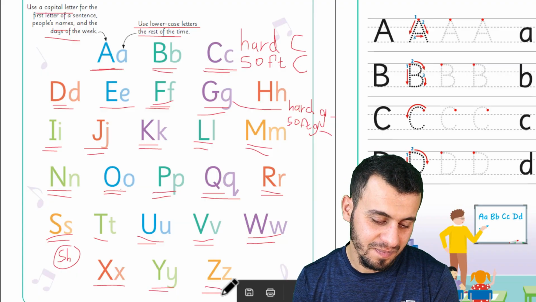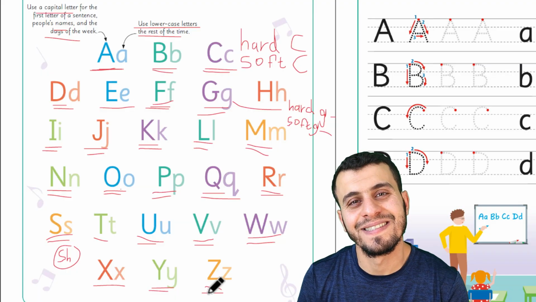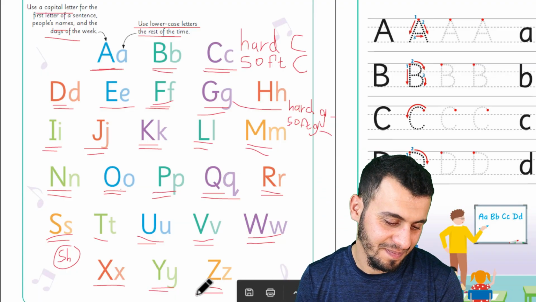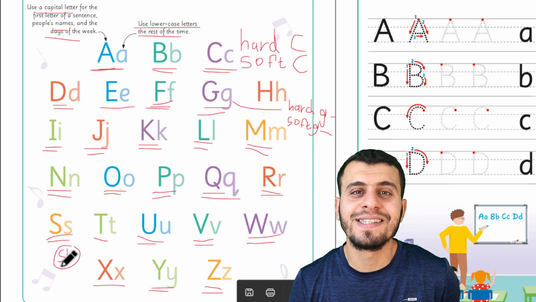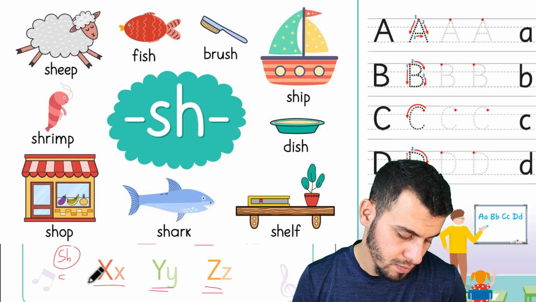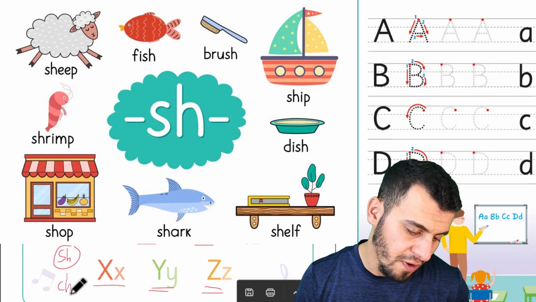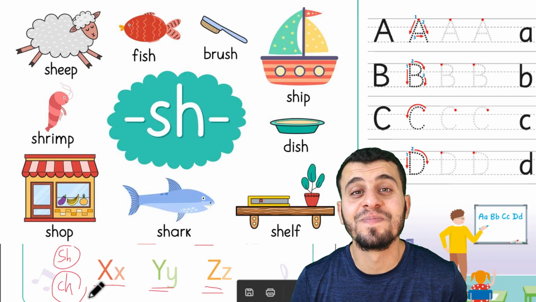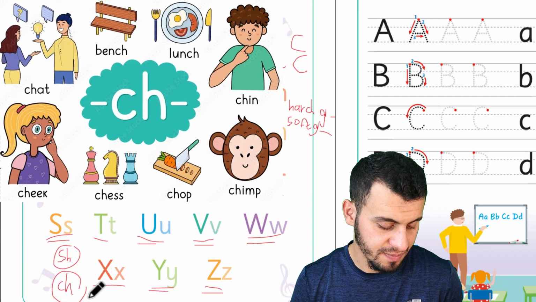Z says Z. SH says sh. Another thing is CH. This is also very common and very important. CH says ch.